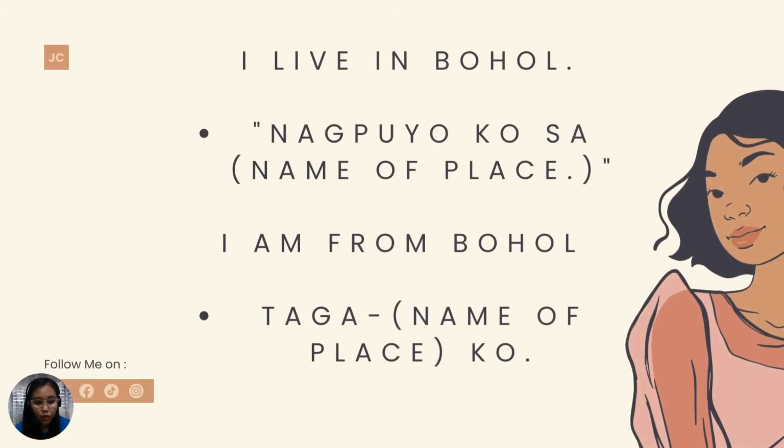So to answer that question, you can say nagpuyo ko sa, then you follow with the name of the place where you come from. So live in Cebuano means nagpuyo. Okay, so the other way around, for example in English, I am from Bohol.